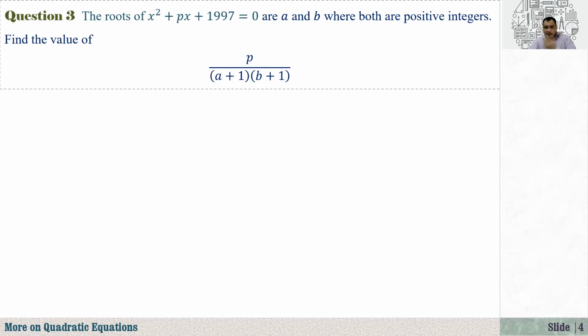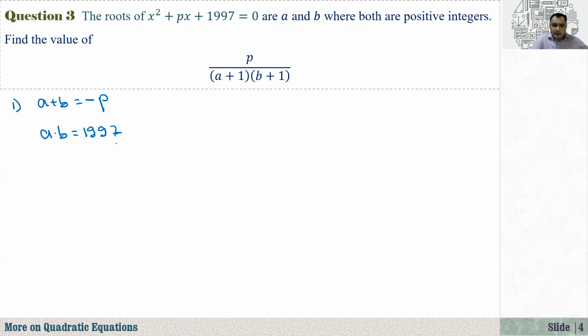It's already given that a and b are both positive integers and they are the roots of the equation. So from the first video, I can just write here the sum of the roots of this equation. It's already in standard form, right? That's equal to minus p. And also a times b is equal to 1997.